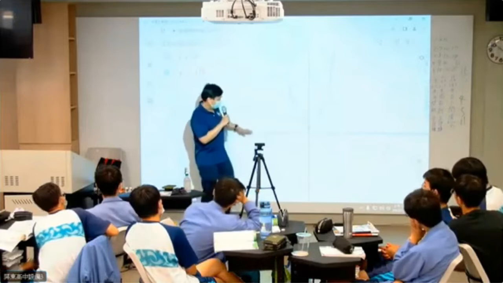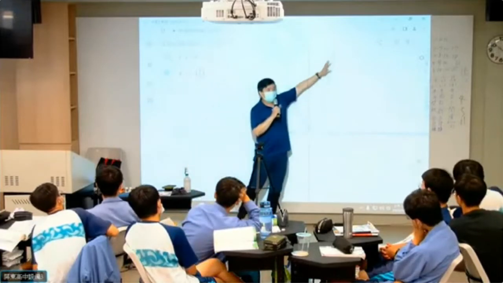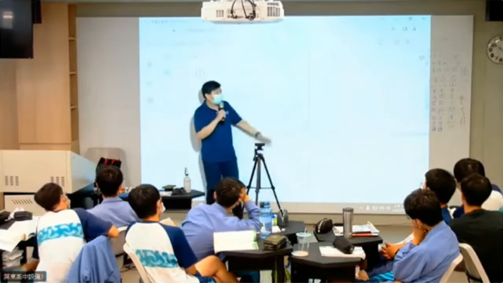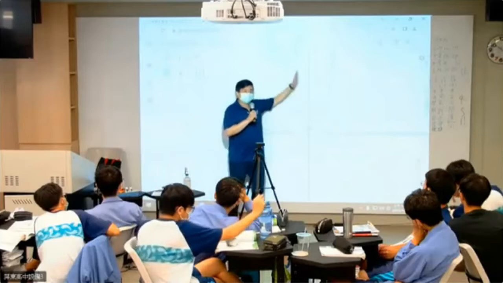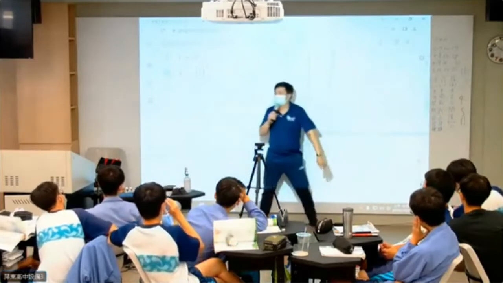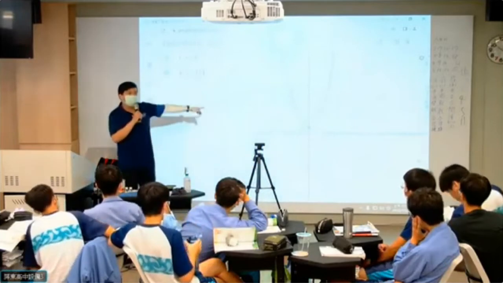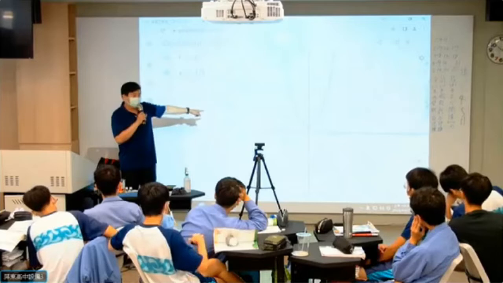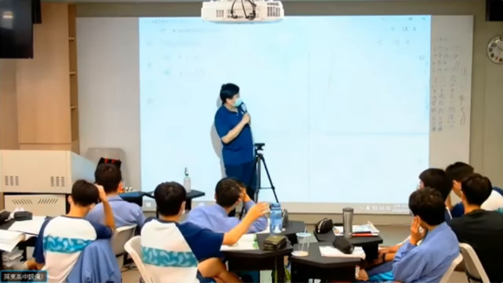The green one from left to right goes up. But the blue one from left to right goes down. That's the difference. Can you get it?